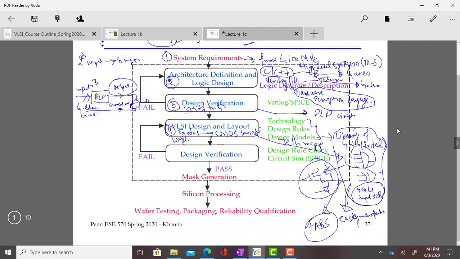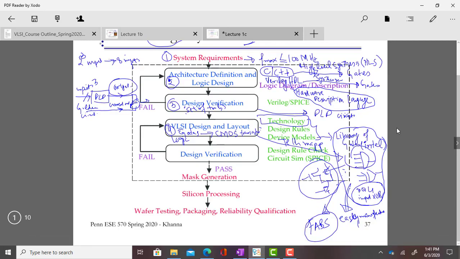So logic gates do not have anything to do with manufacturability, and library gates are what you can manufacture. So this technology mapping is about mapping logic gates to library gates.